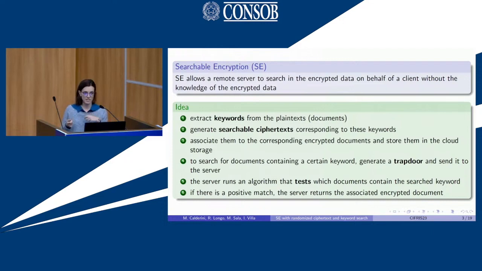Then the server, given the trapdoor and all the searchable ciphertexts that he has stored, performs an algorithm called test, which tests whether this keyword is contained in the searchable ciphertext. And when he gets a positive answer, then he knows that this is a document that we are interested in, so he will just send us the encrypted document.